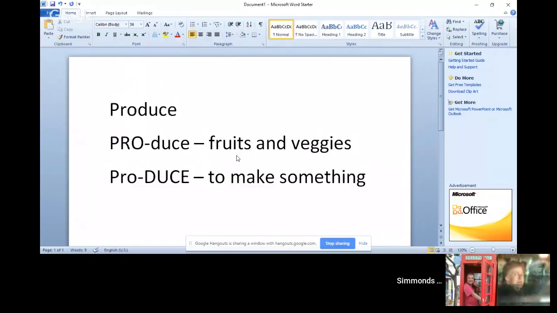Yeah, but the produce section is all fruits and vegetables. Okay, got it. Manufacture would have been our verb here. Agricultural products, basically. Okay, I got it.